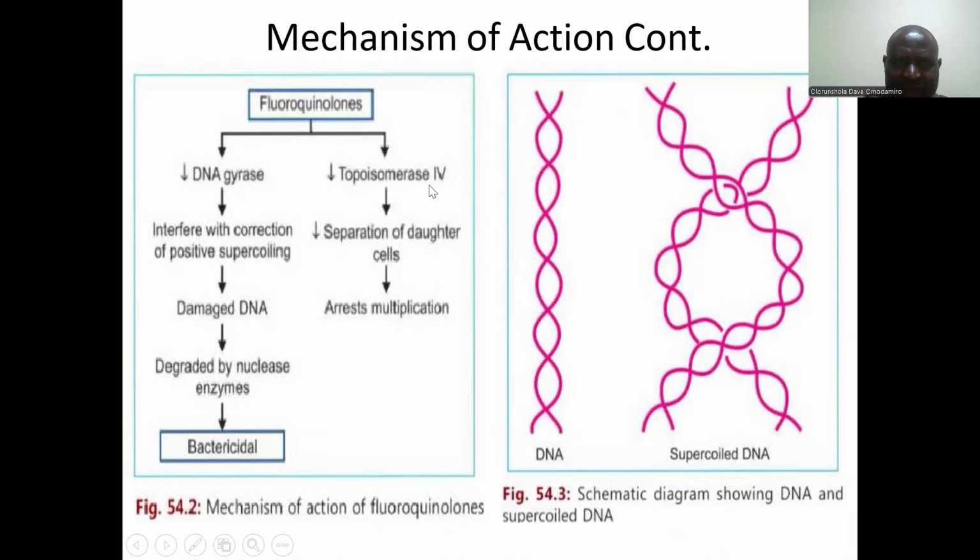While with topoisomerase 4, when it is inhibited, the separation of the daughter cells will be inhibited also. Therefore, multiplication is arrested. So we could make use of this enzyme, whether the DNA gyrase or topoisomerase, so that once this supercoiled DNA is unable to unwind, there is going to be damage to the DNA, and then that is going to be degraded by what we call nuclease, and then the bacteria will automatically die.